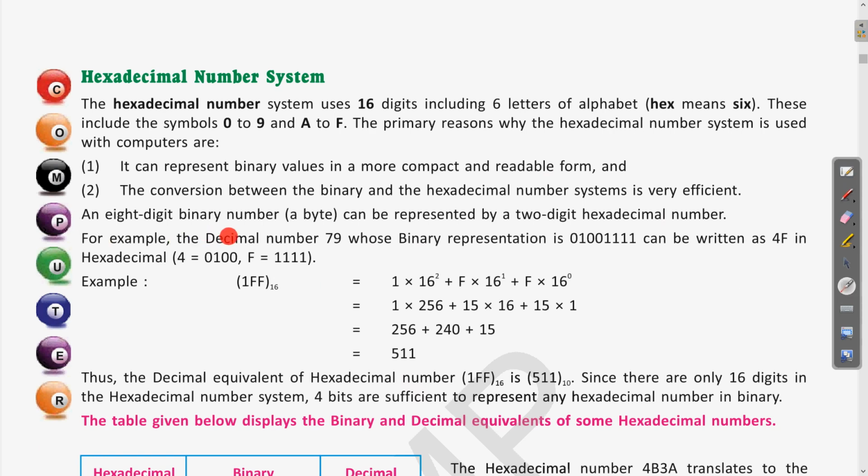An 8-digit binary number can be represented by a 2-digit hexadecimal number. Clear? So as we were saying, 1 byte means 8 bits. For each byte you will require 2 hexadecimal digits, because for 4 bits we have 1 hexadecimal digit. So for a byte we will use a 2-digit hexadecimal number.